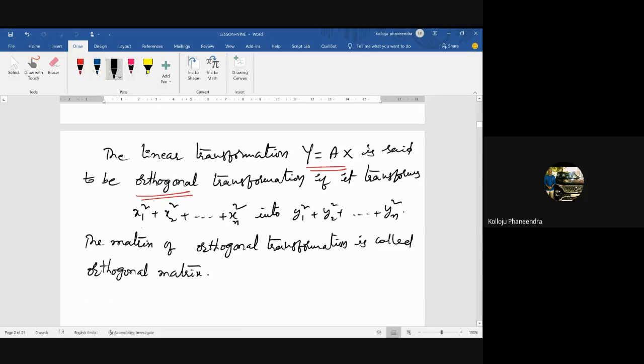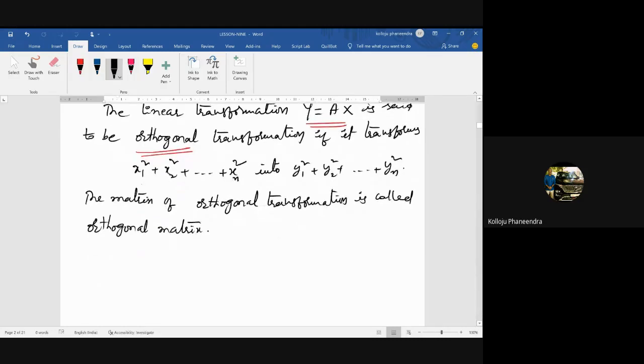Now, let us see. This much is enough. But when are two matrices said to be orthogonal, do you know? What is an orthogonal matrix? A into A transpose equal to I, or A transpose into A equal to I. Now, we have x transpose into x.